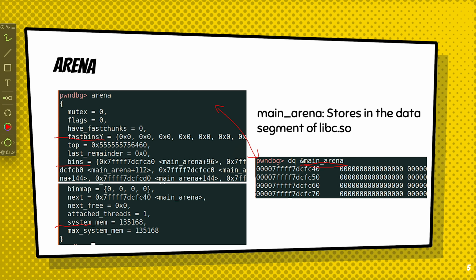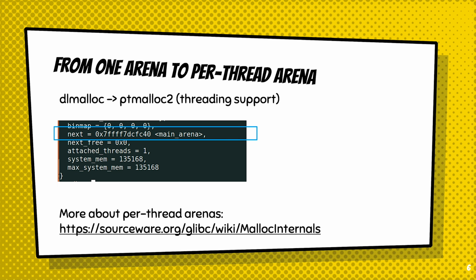In dlmalloc, which is the ancestor version of the current malloc used in glibc, there is only one arena. As a result, if there are multiple threads using the heap, they have to wait for each other to finish the operation, which is really costly in terms of performance.